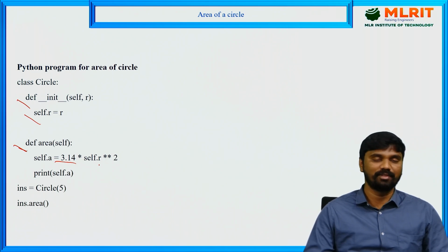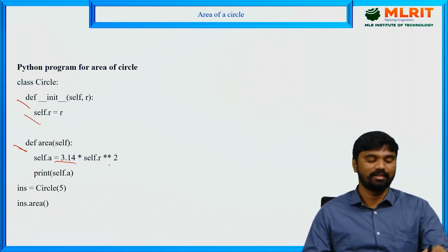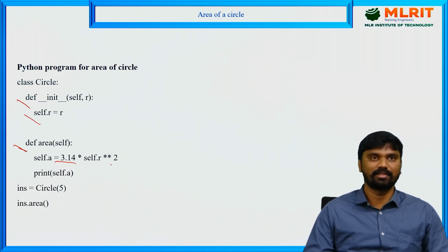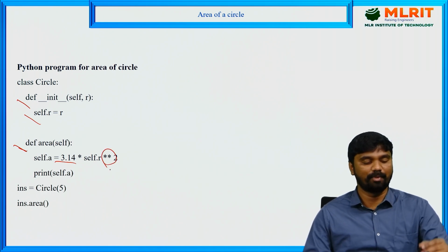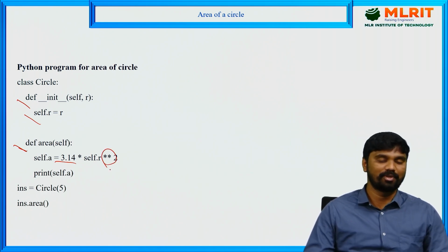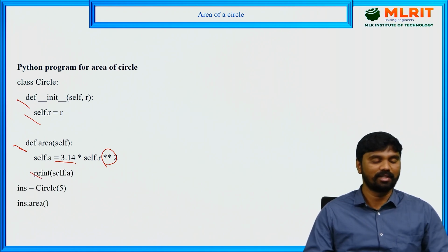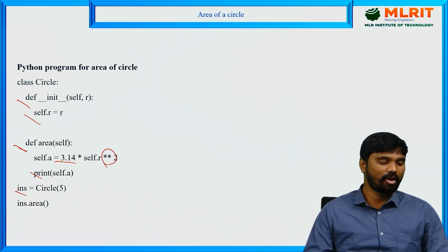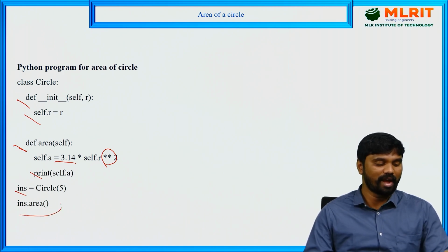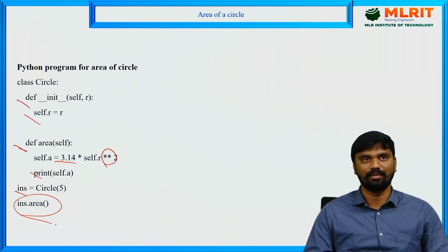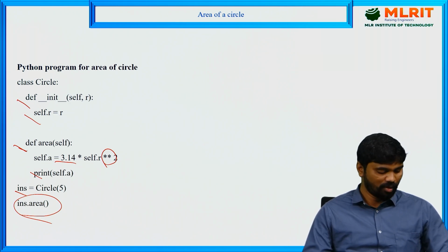By using the self variable we are calling the radius, and r square, this is the exponential operator. Exponential means power of, right? And then we are going to print that result. By creating an object of this class, we are going to access that area method, right? Now we'll see.